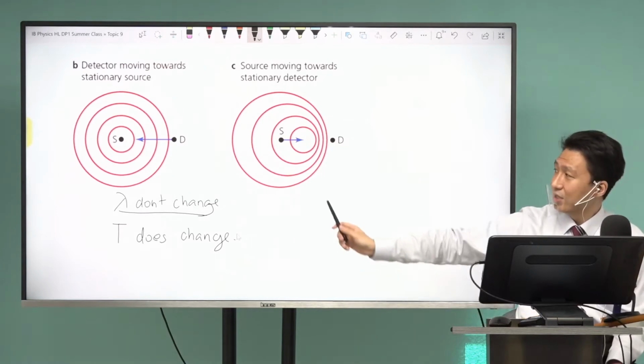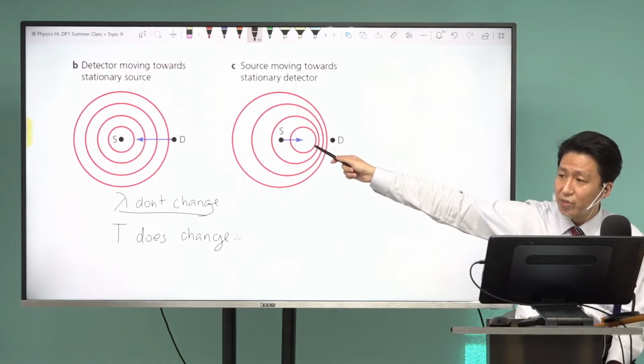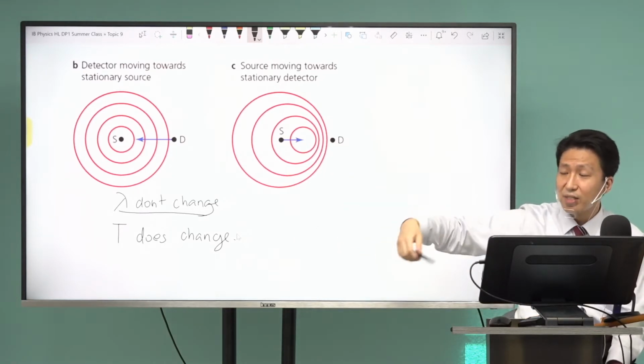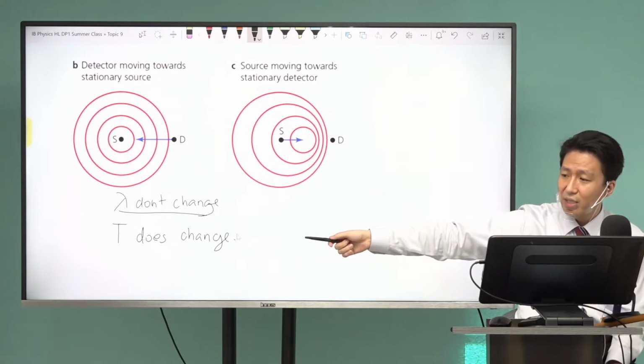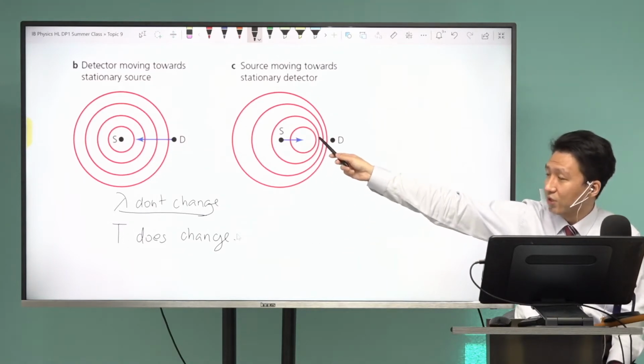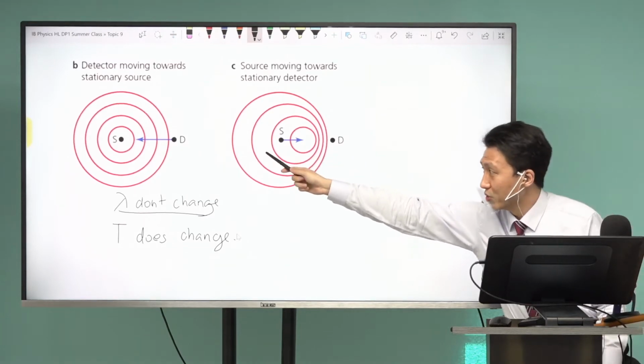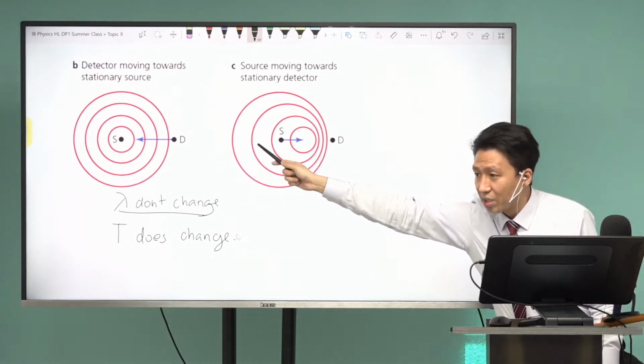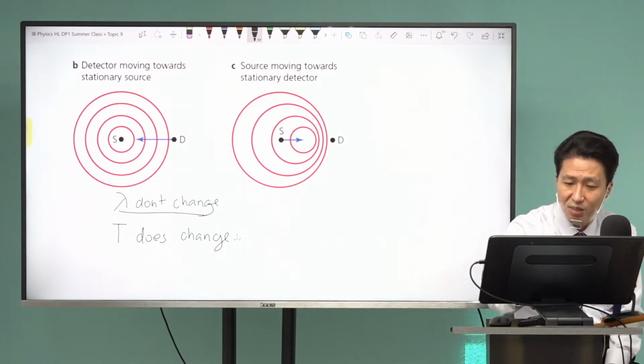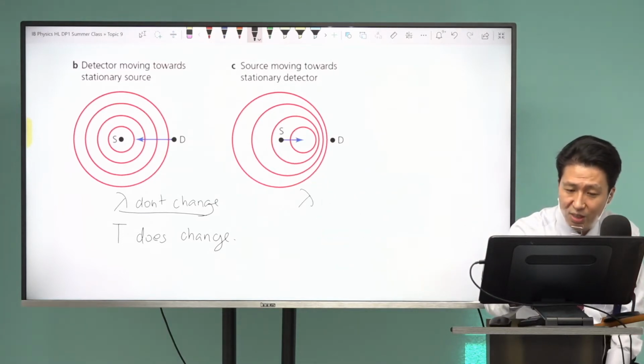The last case is when the source moves, right? Because the source is moving, there is a smaller distance between the wavefronts in the front, in the direction it moves, and there's a bigger distance between the wavefronts, right? So here, the wavelength does change.